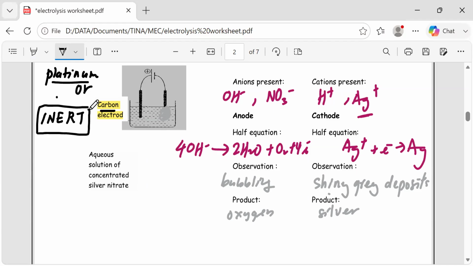Inert means they will not react with any of the chemicals. Graphite is another name for the carbon electrodes.